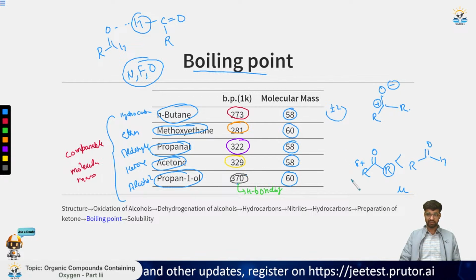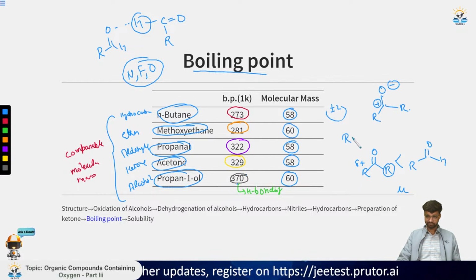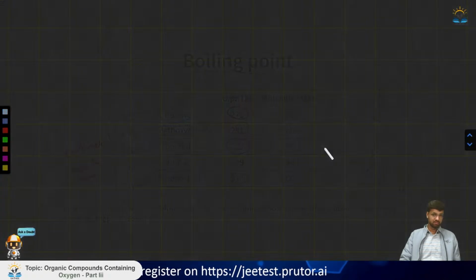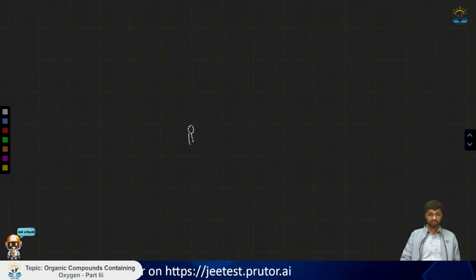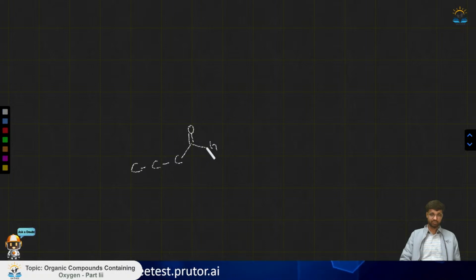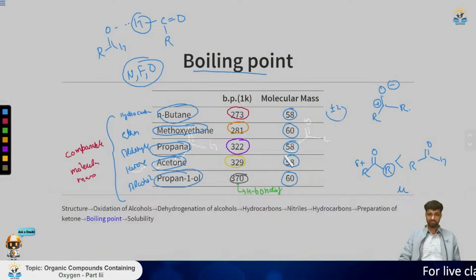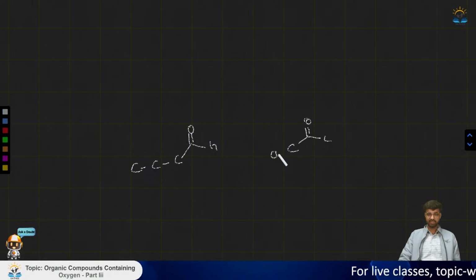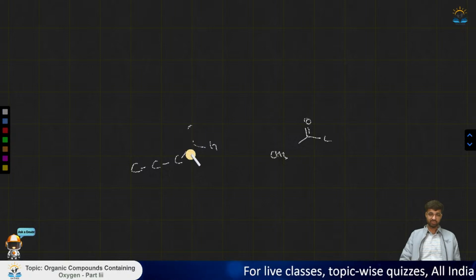If we see this area here, what is the structure of this propanal? It will look like this, and if you see the structure of this ketone, acetone, which is CH3. This is the structure of both of these.